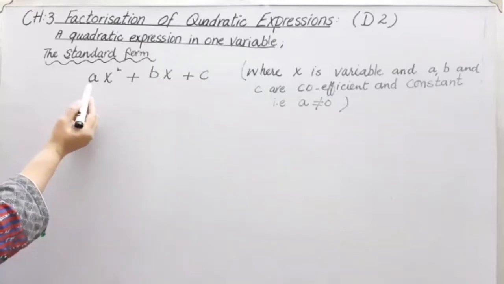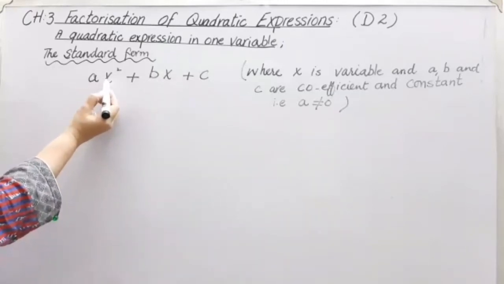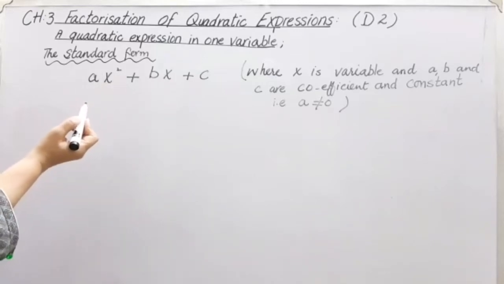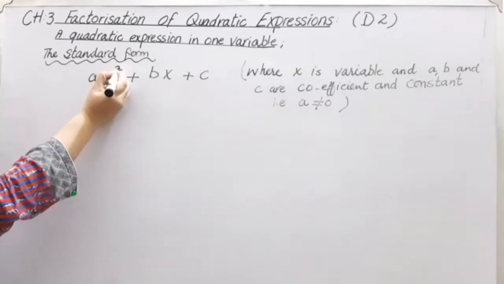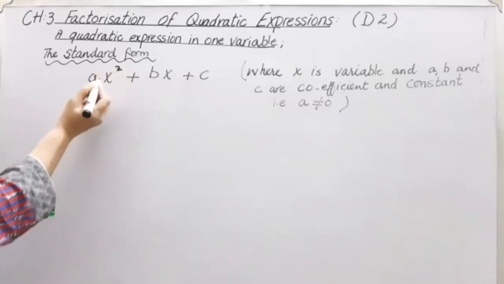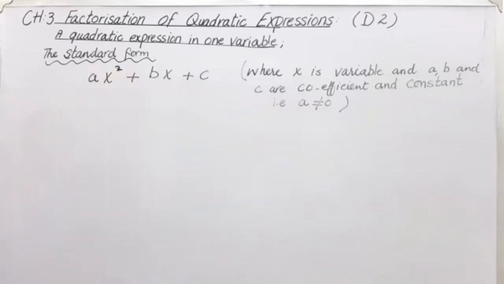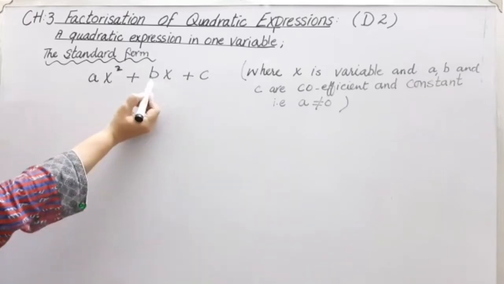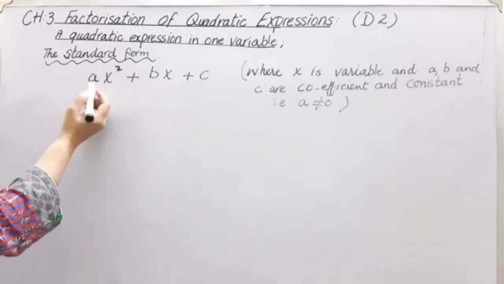The standard form is ax square plus bx plus c, where the variable's power is 2, and it is also called an equation of degree 2. It means the higher power of the variable is 2. That is called the quadratic expression, where x is a variable, a and b are coefficients and c is a constant.